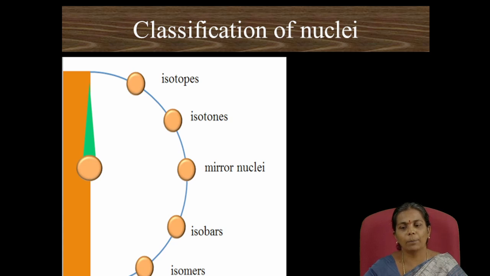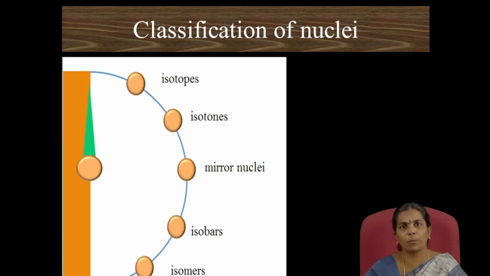The nucleus can be classified into isotopes, isotones, mirror nuclei, isobars and isomers. Let me explain one by one. Isotopes are the nuclei with same atomic number but different mass number. Isotones are the nuclei with same neutron number. Mirror nuclei are the nuclei in which the protons and neutrons are interchanged.